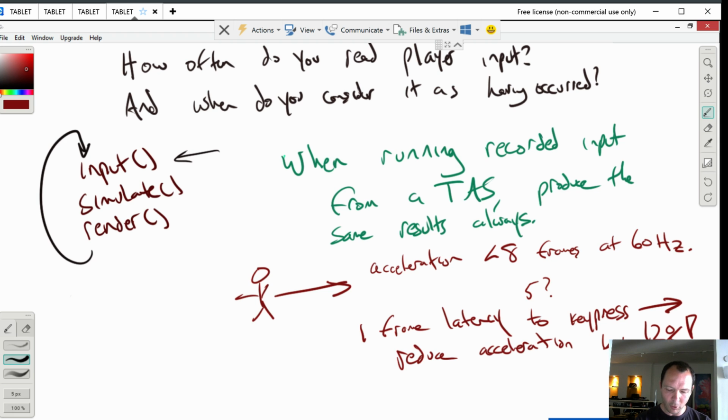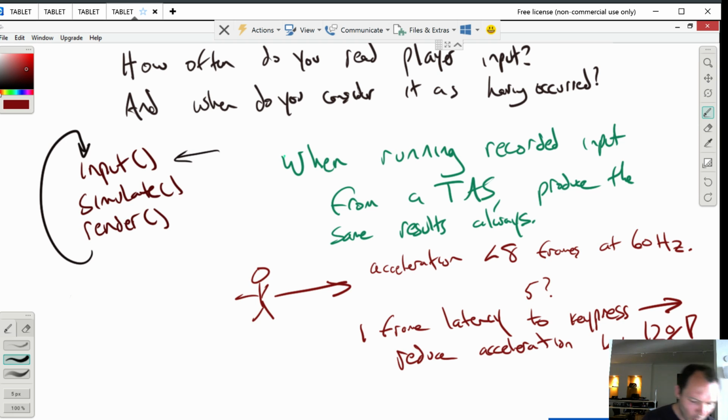As far as I'm concerned, my personal approach to all this stuff is just to read input as often as possible. And the best way to do that is to have your frame rate be as high as possible and as consistent as possible, right?